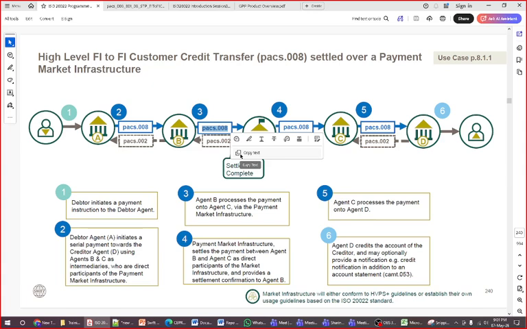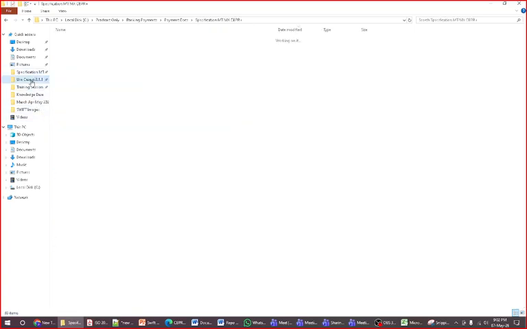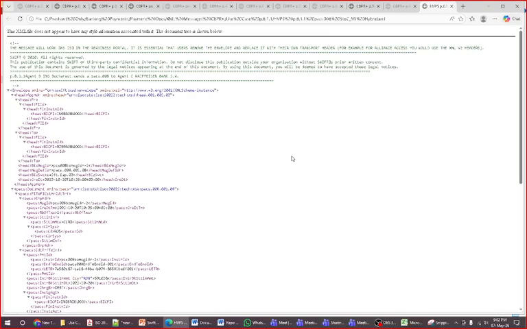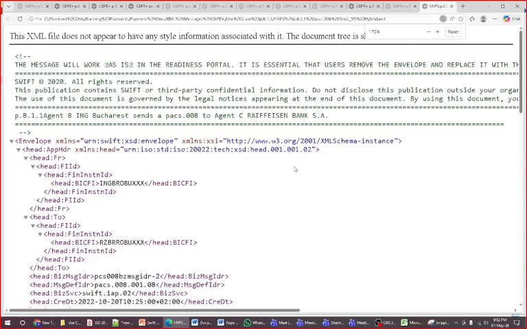There is a very minor change, not visible when I open any payment. I will show you one payment, let's see if you are able to identify. This is a high value payment system payment, an HVPS payment, and I am opening it for you.